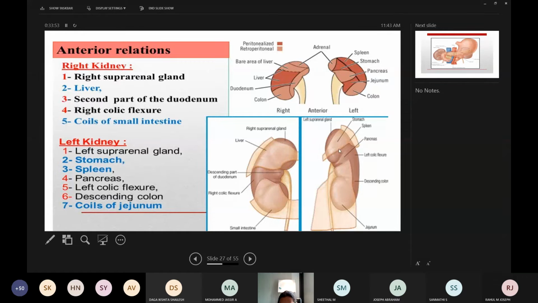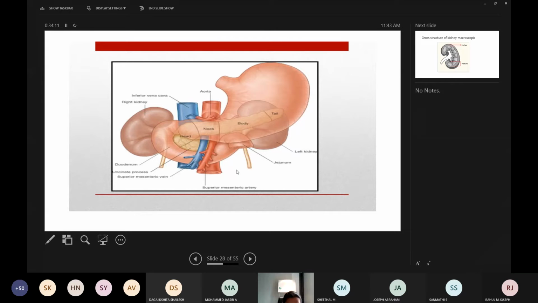Here also you can see the peritoneal reflection, and this part is covered by peritoneum, the rest part is not covered by the peritoneum. These are the anterior relations. You have to draw the practice set diagram for this, otherwise you can imagine the structures for the relations.